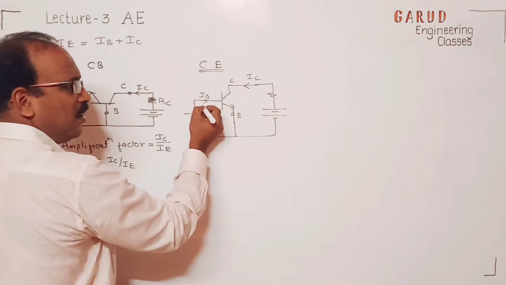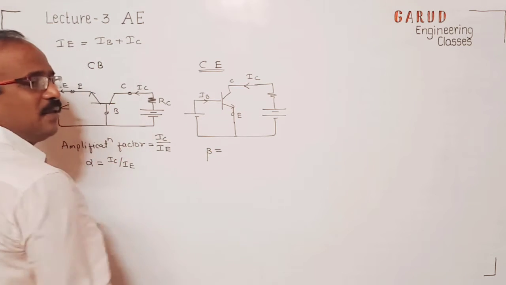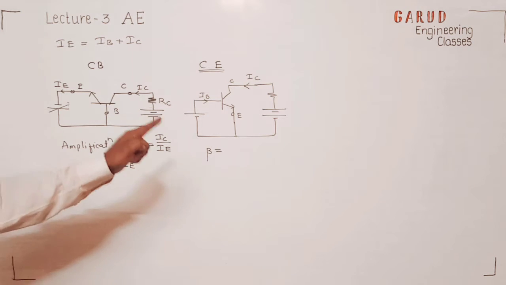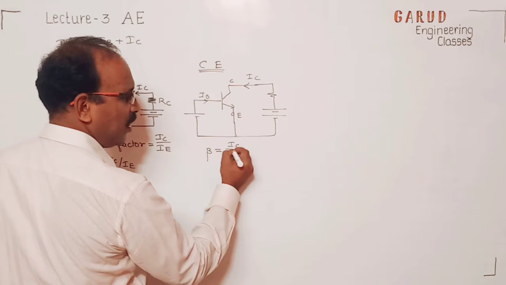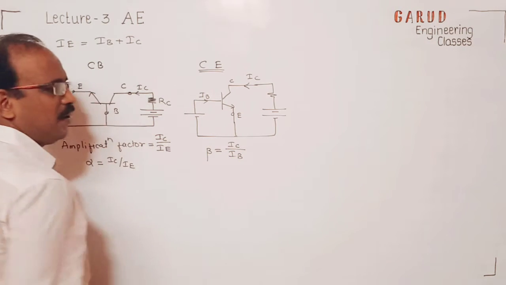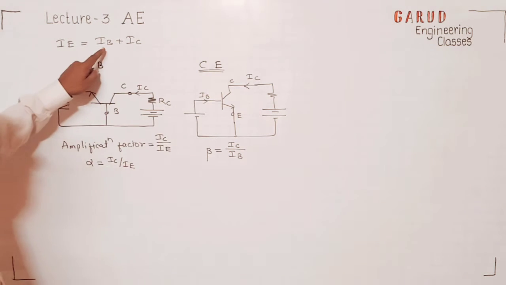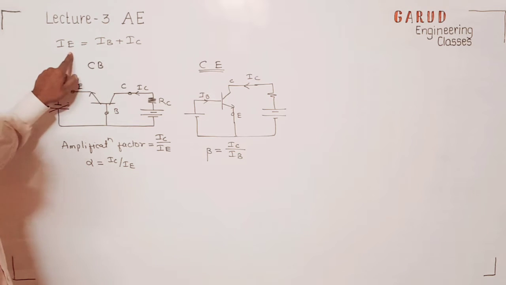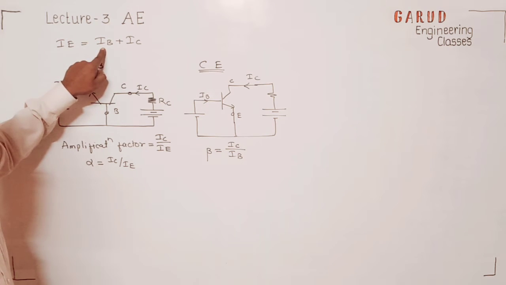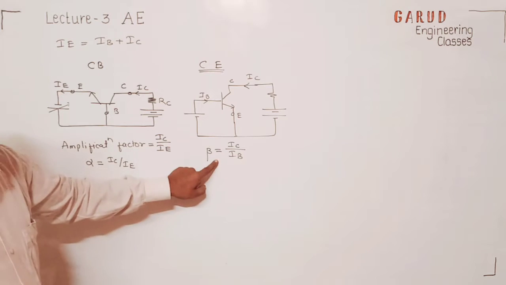IC is incoming and IB is incoming. What is the amplification factor? The amplification factor for common emitter is called beta, which is output current IC upon input current IB. Got it? Now IB is very small as compared to IC. IB is negligible upon IC, so this is very high.